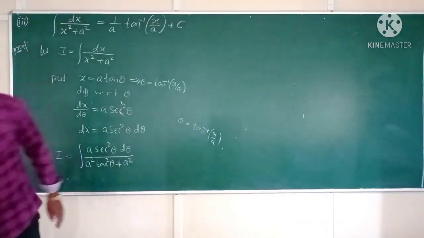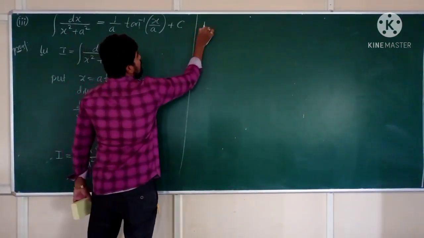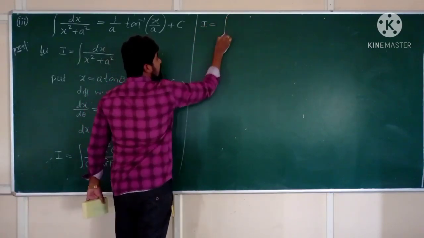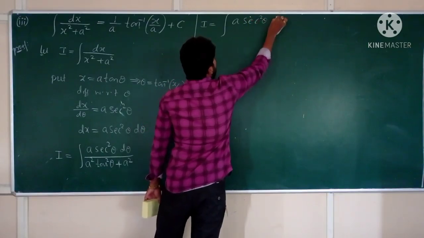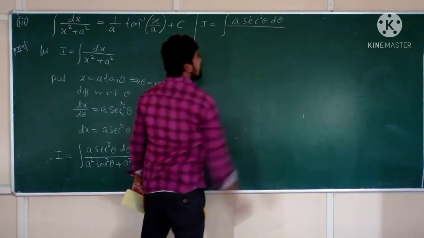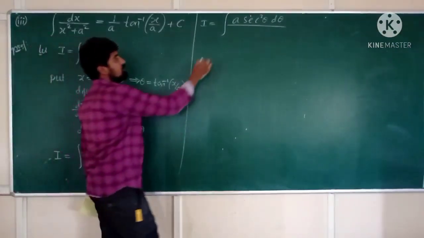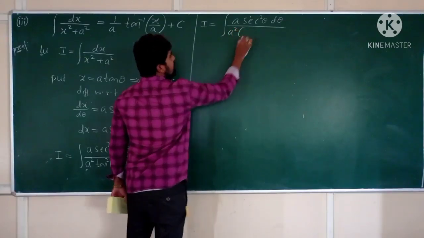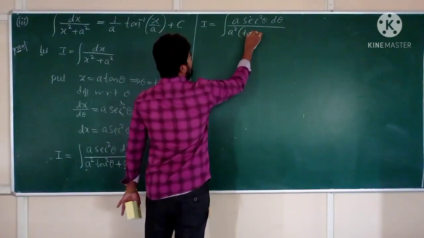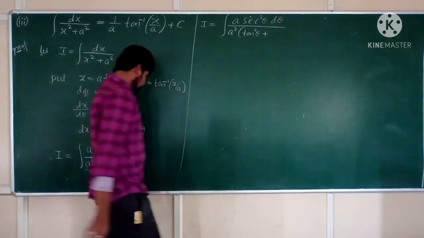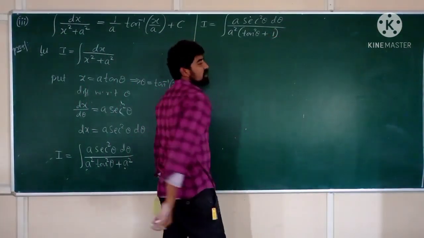So therefore the value of I becomes, I is equal to integration of a secant square theta d theta divided by, in the denominator we take a square as common. Now the remaining term in the first one is tan square theta, plus in the second term remaining 1, because a square is common. I hope all of you understand.